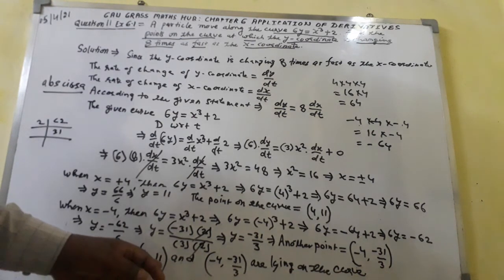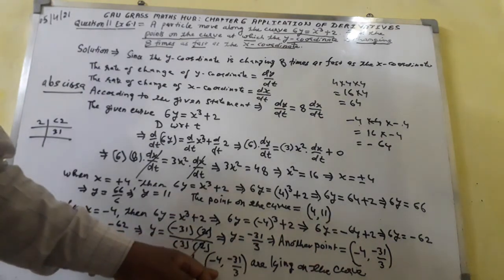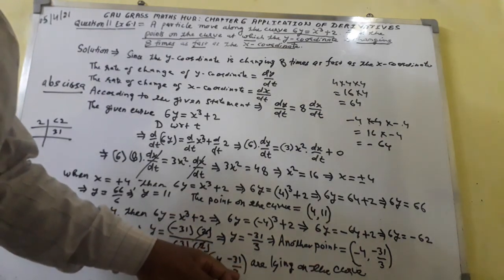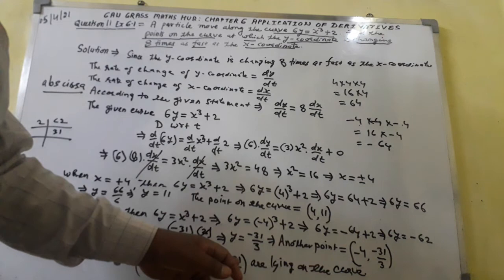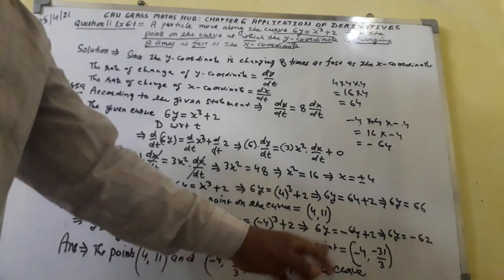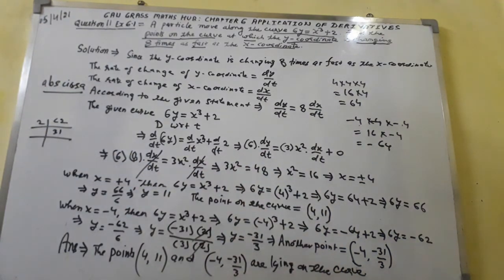Point 4 and 11 and point minus 4 comma minus 31 over 3, 2 points, 4 comma 11 and minus 4 comma minus 31 over 3 are lying on the curve. This will be the desired answer we have got.